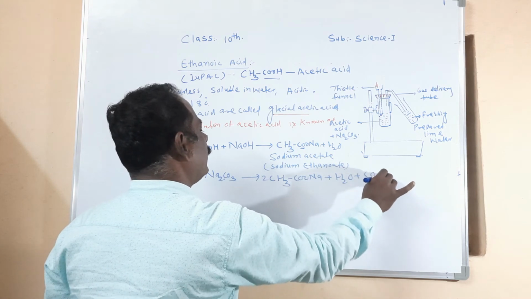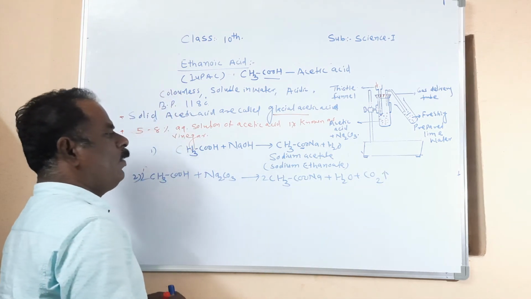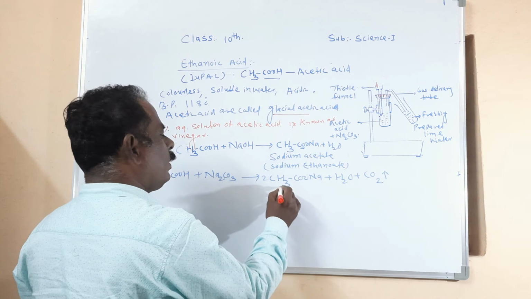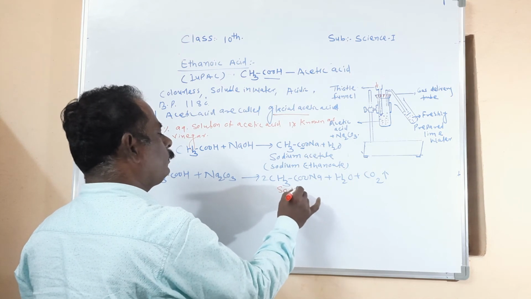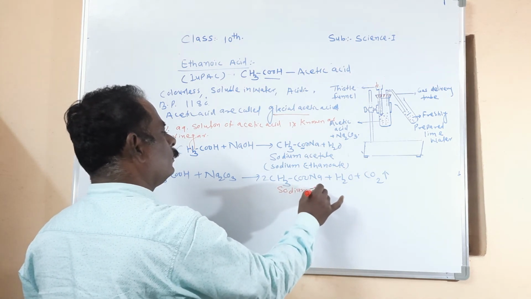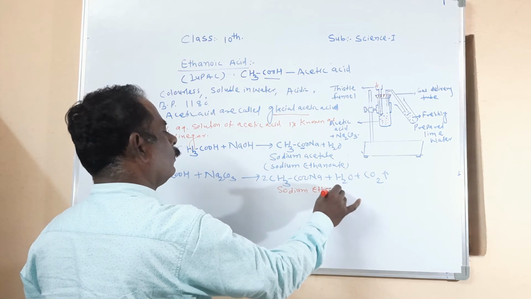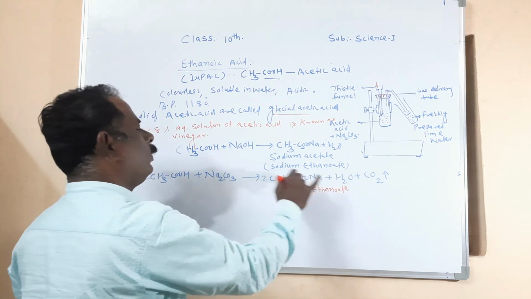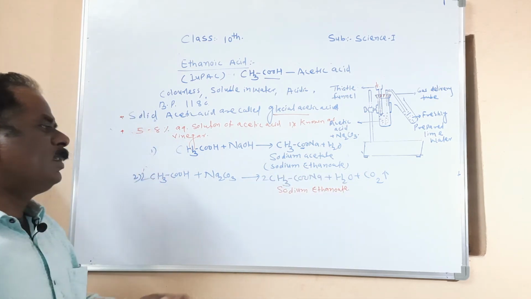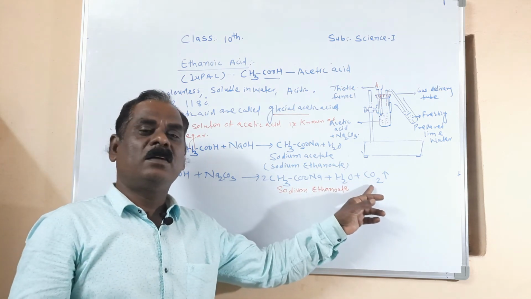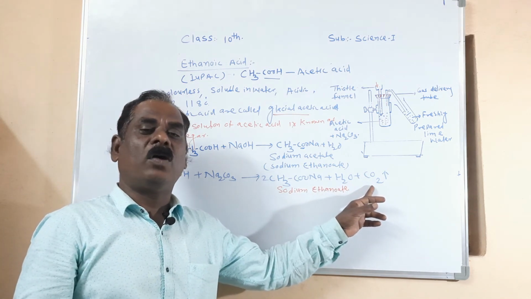Carbon dioxide gas is evolved here. Again we get sodium ethanoate, or sodium acetate. In this reaction, which gas is released? CO2 gas is evolved.